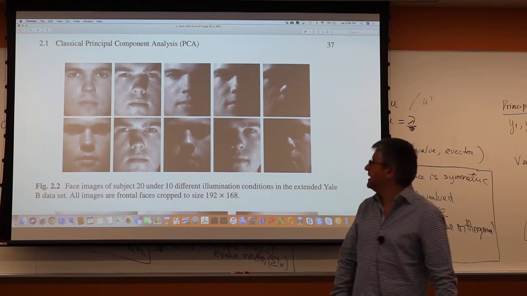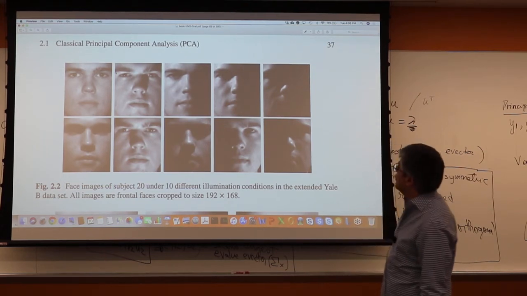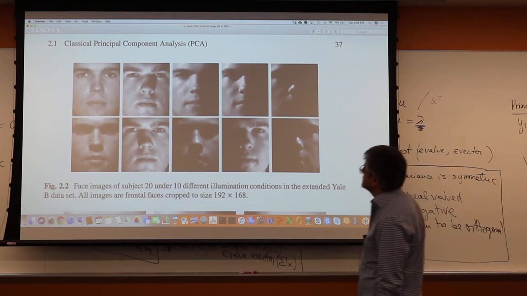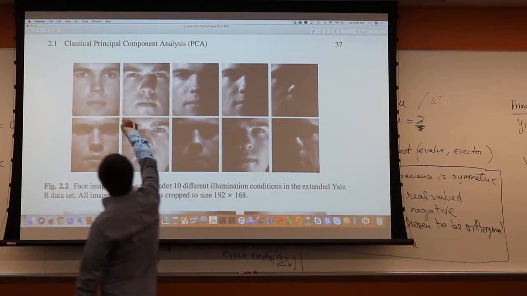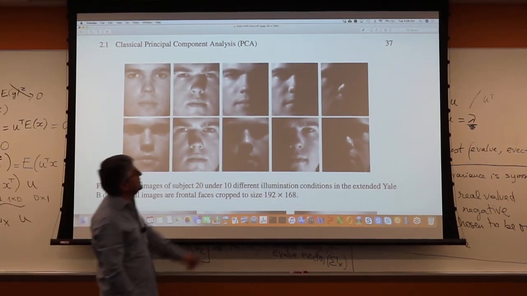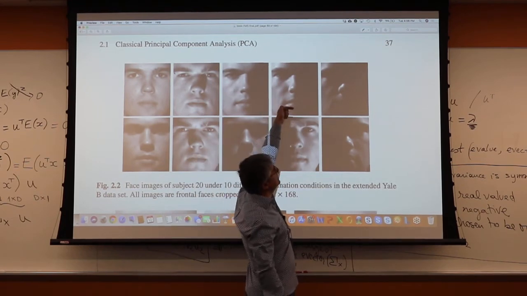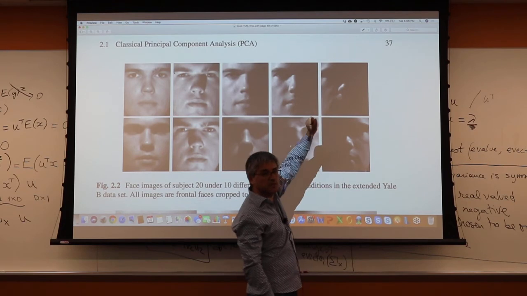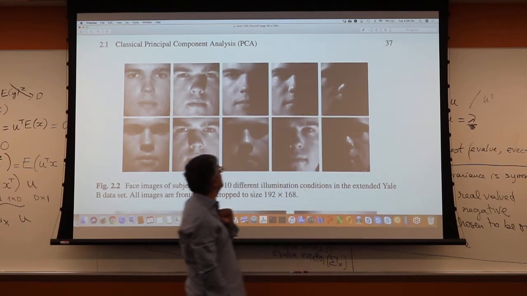But before I begin, this is the data. So these are all pictures of one person, and what you can see is that the lighting conditions change. So this is probably a frontal view with the light frontal to the individual. I guess here, potentially the light is all from the left, maybe a little bit upright because you can see the top right of the nose being illuminated, but the rest is very dark, and so on and so forth.